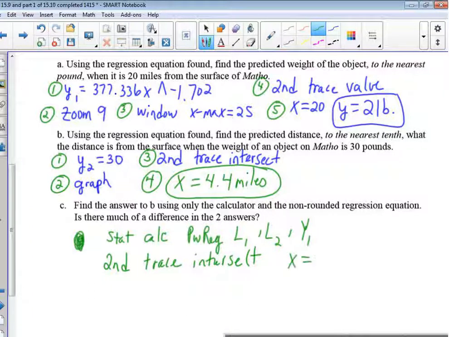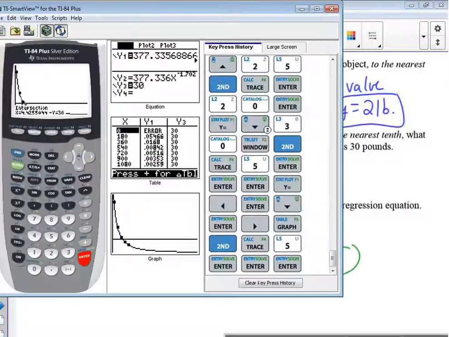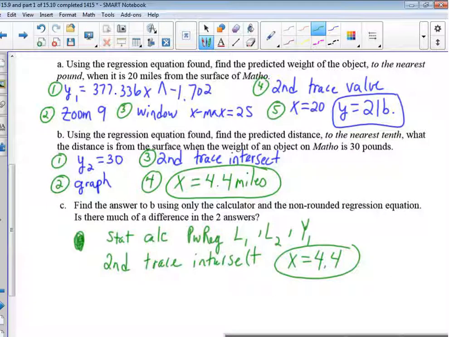And we still get x is 4.4. So there was really not much of a difference. 4.42, I don't remember what the other one was, but I think it was very similar to it. So those are basically the same.